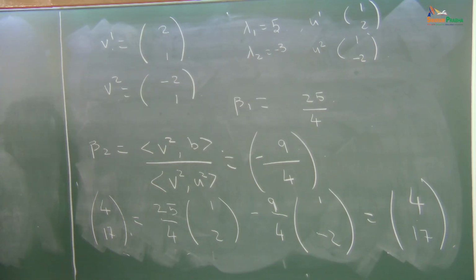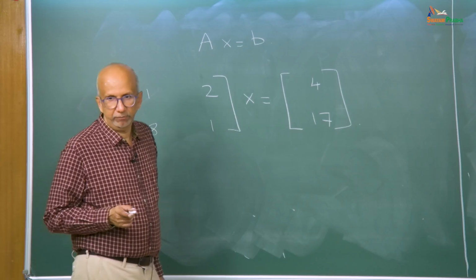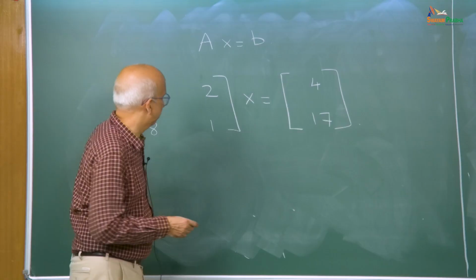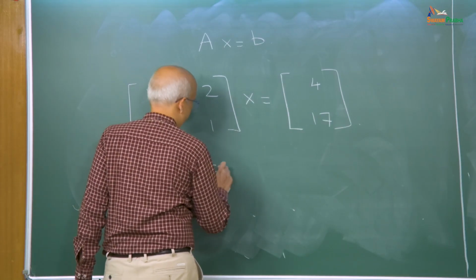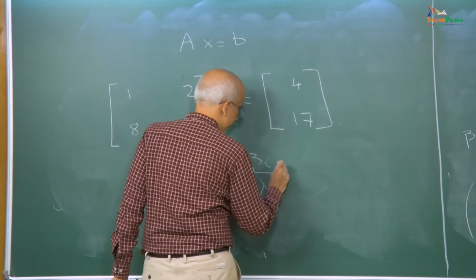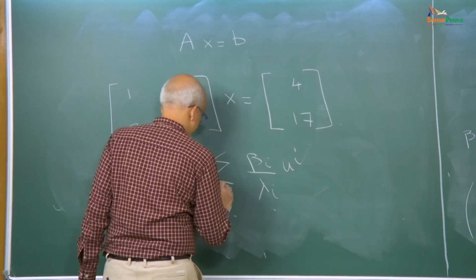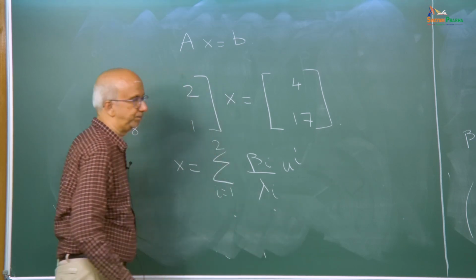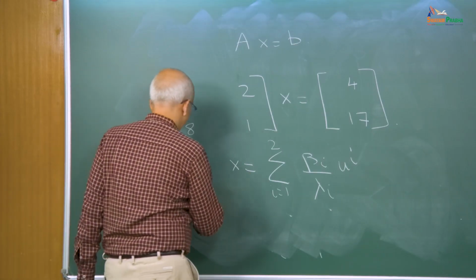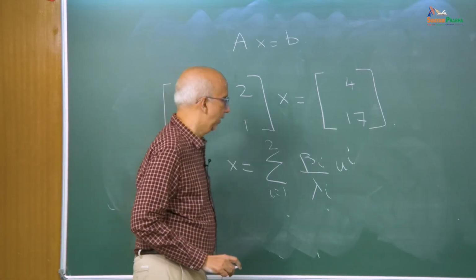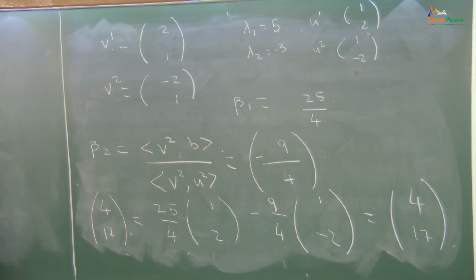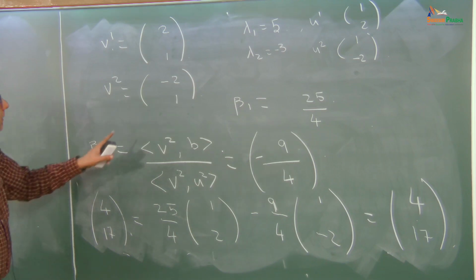Now, what about x? Who cares about beta? We want x, right? That is what we have to find out. So, x will be the same thing we got earlier, the sum of beta I by lambda I times u I, for I equals 1 through 2. Beta 1 is 25 by 4 and lambda 1 is 5.